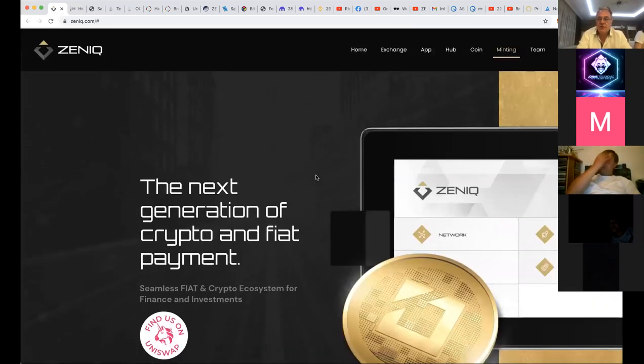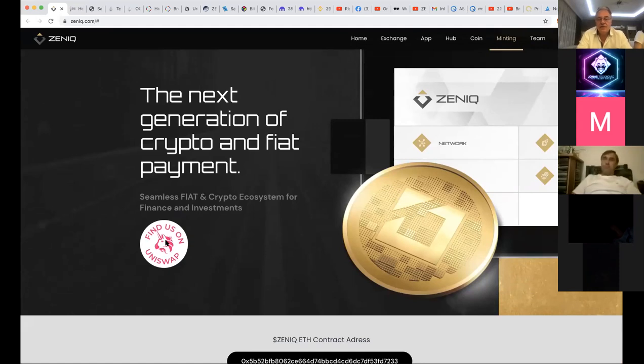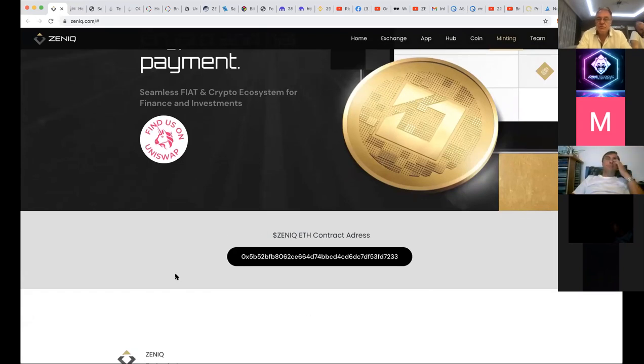I strongly recommend everyone who has an interest in this concept to read through all the information on this website. You also have direct access to Uniswap, the decentralized exchange where we have our ZENIQ coin listed. Also the ZENIQ Ethereum contract address you can find directly on the official website.